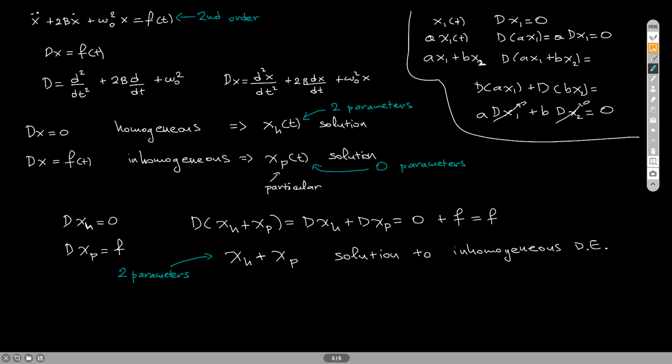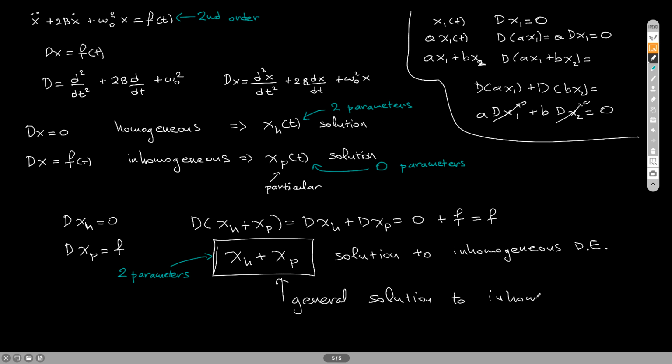This allows me to conclude that this is the general solution to the inhomogeneous differential equation.